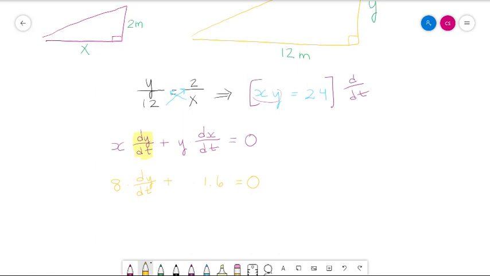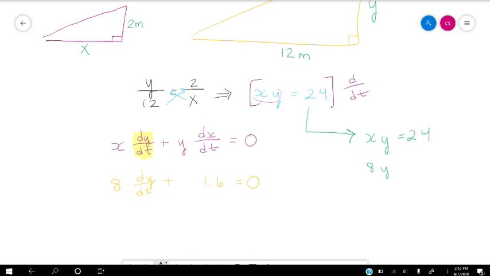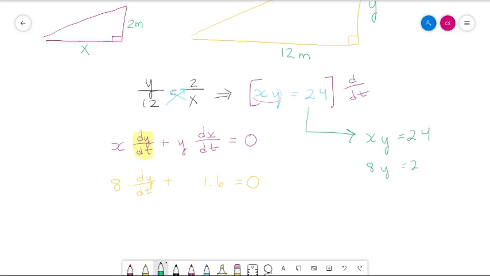And finding y, let's go back to our equation, how we're relating everything together. We want to find y. X times y is 24, and x is 8. So 8 times what is 24? Y has to be equal to 3.